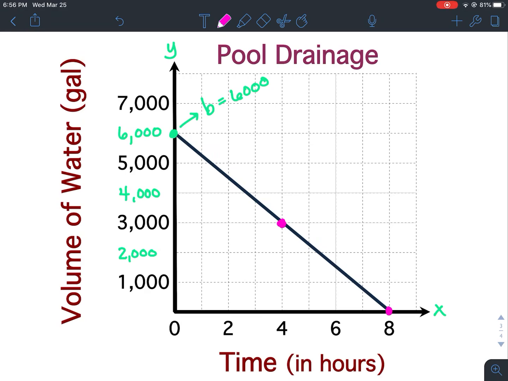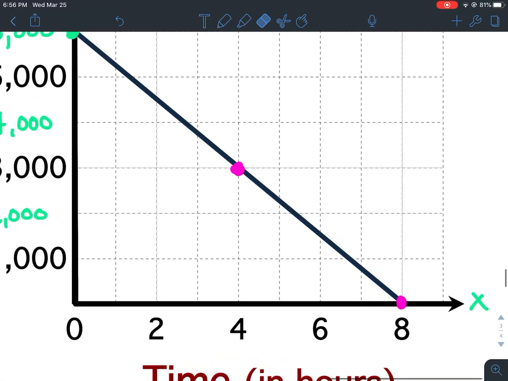Now you could say this point is 80, and this point is 3,000, and use your y2 minus y1 over x2 minus x1 formula to find the slope. There's nothing wrong with that. But given this graph and the points fall right on the grid lines, it's easier just to find your rise and your run.